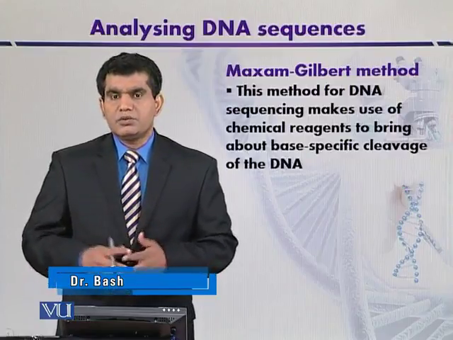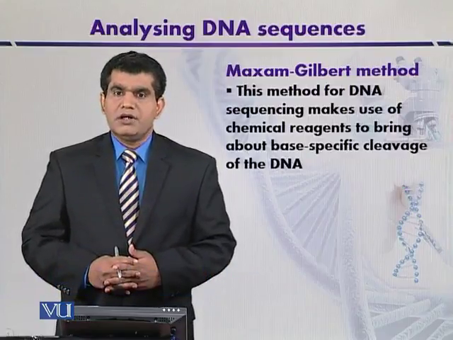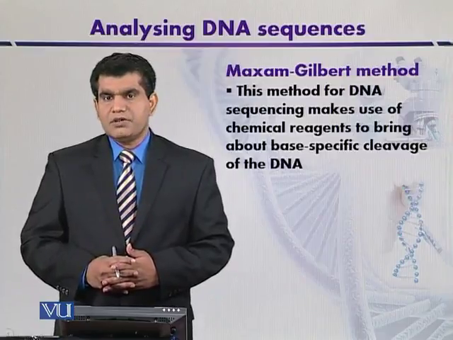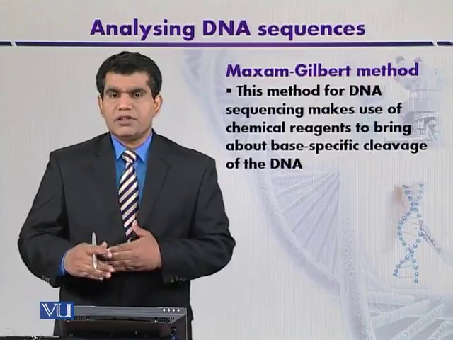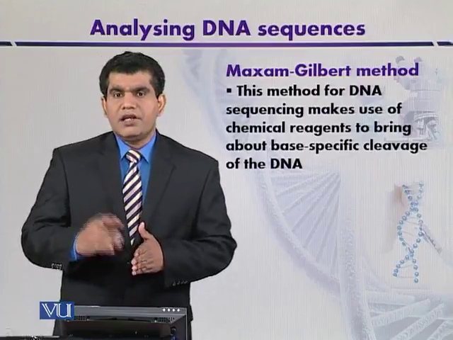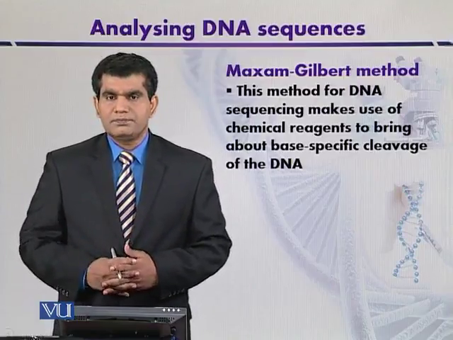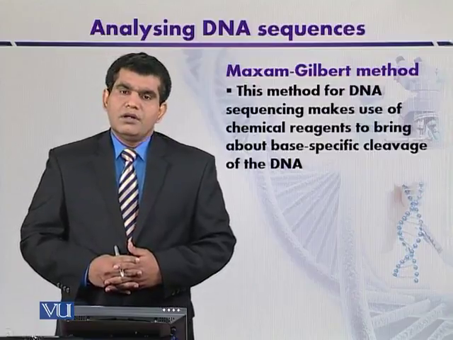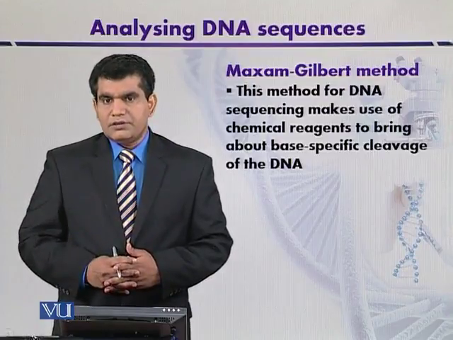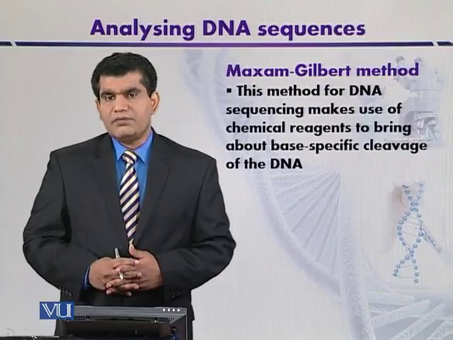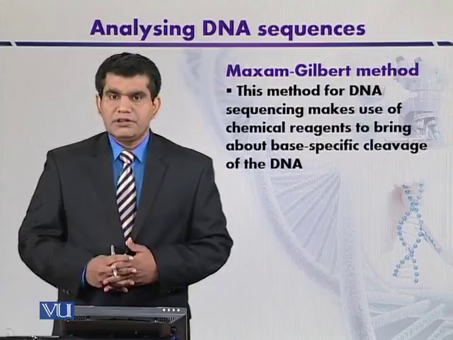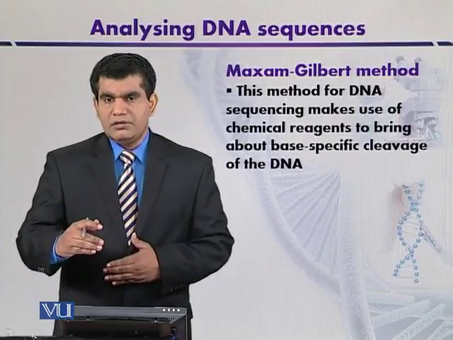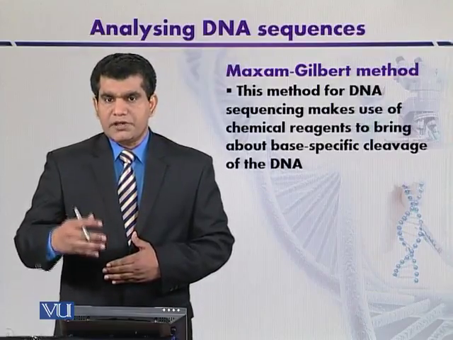And as I told you, this method was developed by Maxim and Gilbert around 1977, although it was soon replaced by another advanced method. In the Maxim and Gilbert method, the starting DNA fragment may be a restriction DNA fragment or any target DNA which we want to sequence.